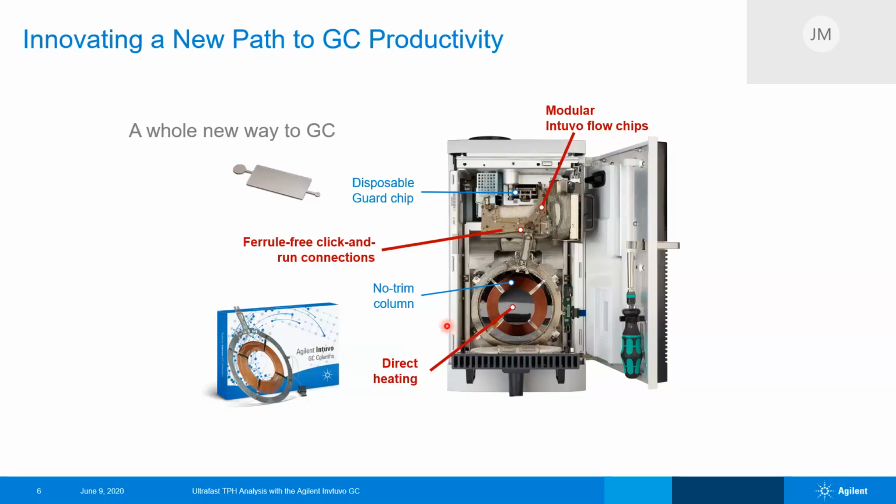When the run is over, the heating pad moves away, and there's a separate fan down here at the bottom that will blow ambient air across the column and the heating element to cool it down very rapidly. So not only does it heat up fast, but it also cools faster than a typical air bath oven. This and the new generation EPCs are what's going to allow us to do these ultrafast GC techniques.